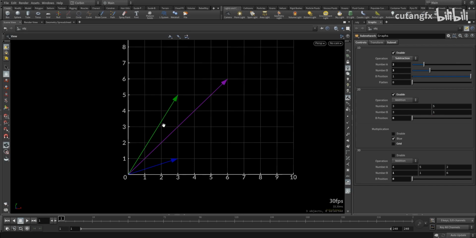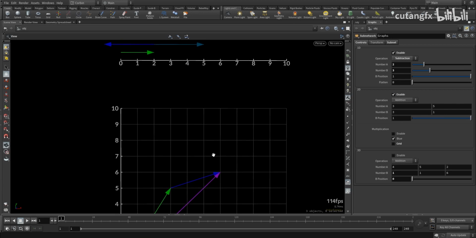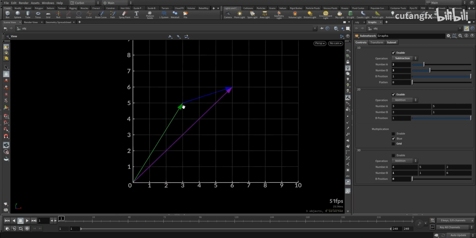But to understand physically and sort of visually what's happening, let's move our number B to the end of the green vector so that we can see what's happening. So same theory as what we applied up here, we move it so that the tail is attached to the head of the first one, okay, and we end up here.